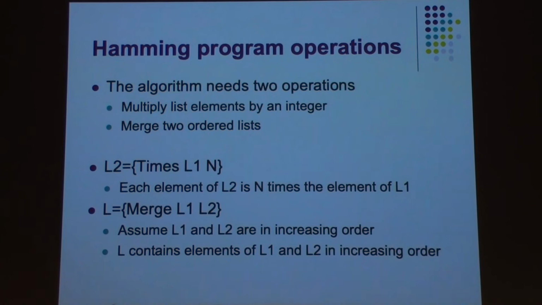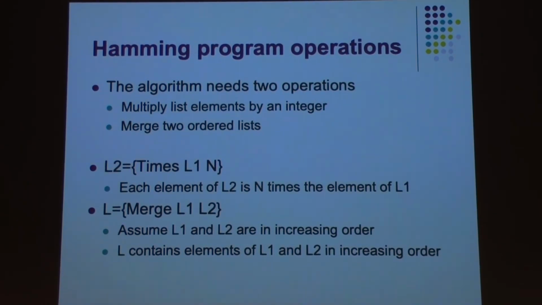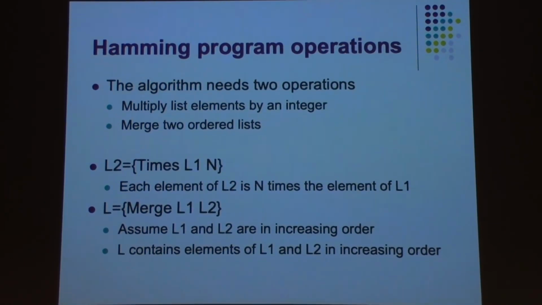We could write a merge of 3, of course, but we can do a merge of 2 and then merge another merge. That's a little easier. A merge of 3, the code is a little bit more complicated, huh? But if you want, you could write a merge with 3 arguments. Since I want a simple merge, I've just used a merge of 2. So the result here contains the elements of L1 and L2 in increasing order.